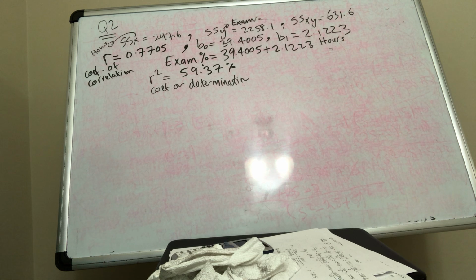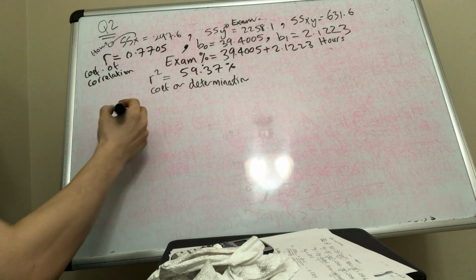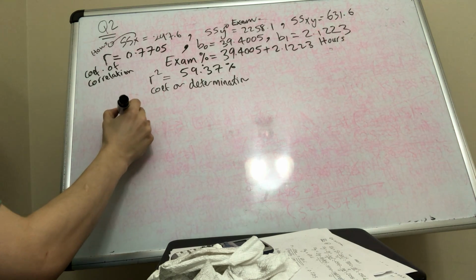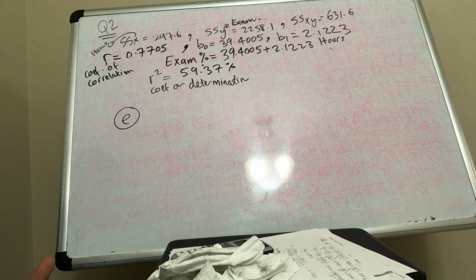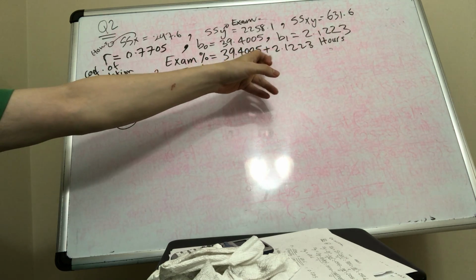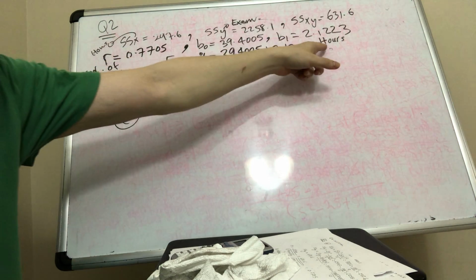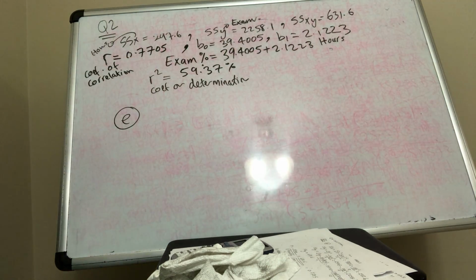Now, what mark do you expect Arya will get on the exam if he spends 25 hours of study? So a lot of people, when they see this question of how many hours of study, go right away and say, well, yeah, 25, plug it in and we'll know her exam percentage.